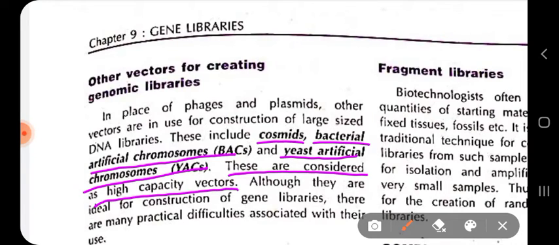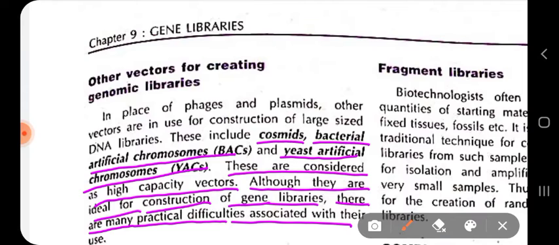Why? Because they can carry a large amount of DNA fragment. Although they are ideal for construction of gene libraries, there are many practical difficulties associated with their use. Theoretically it is not difficult because they can carry large amounts of DNA.